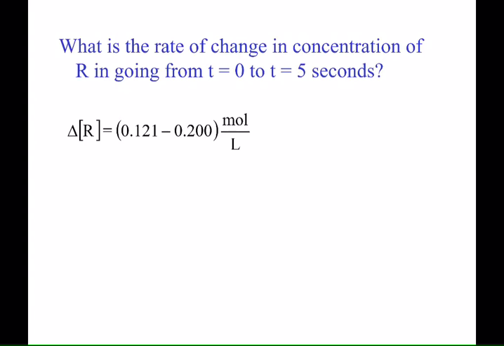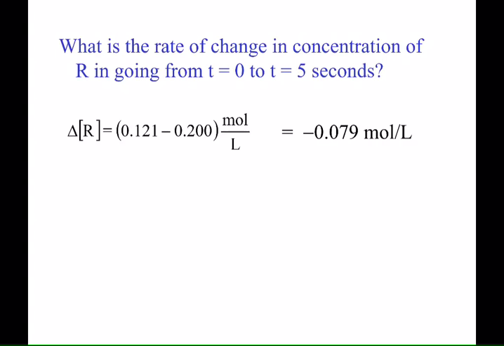If you have the same units, since we're just subtracting, you can put the units outside the parentheses. So moles per liter. That gives us a negative 0.079 moles per liter as our change in molar concentration of reactant over that first time interval.